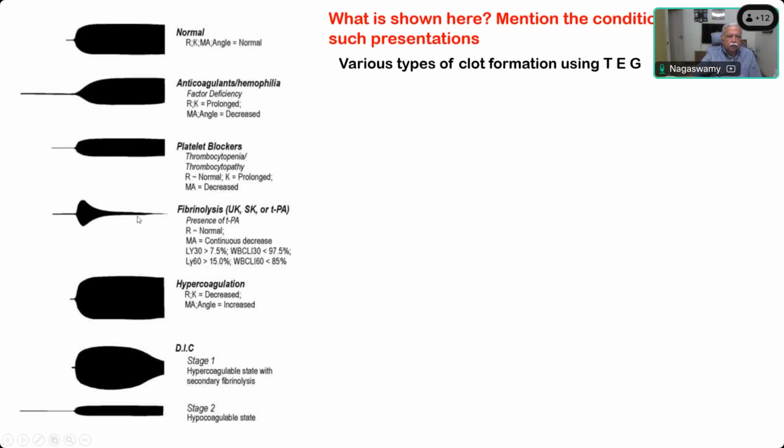Initial clot formation tapers down. This is hypercoagulation because of the width being maintained. This is DIC stage 1, a hypercoagulable state with secondary fibrinolysis, and in stage 2 of DIC it becomes hypocoagulable, so it becomes a long linear graph.